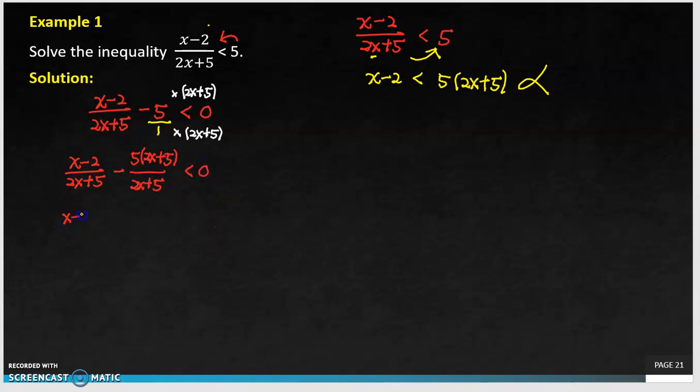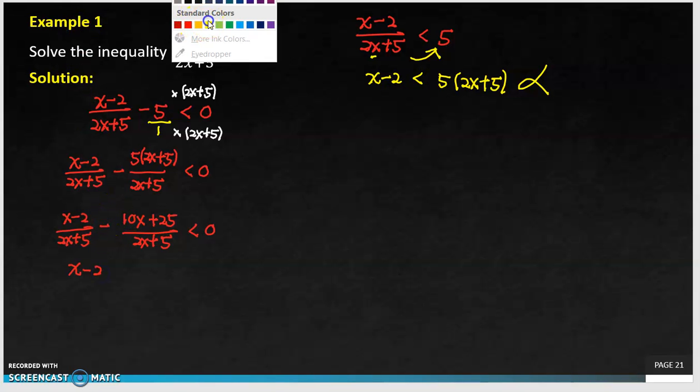So x minus 2 over 2x plus 5 minus, when I expand, it will become 10x plus 25 over 2x plus 5 less than 0. Finally, I can combine this fraction. So it will become x minus 2. Be careful with the negative.